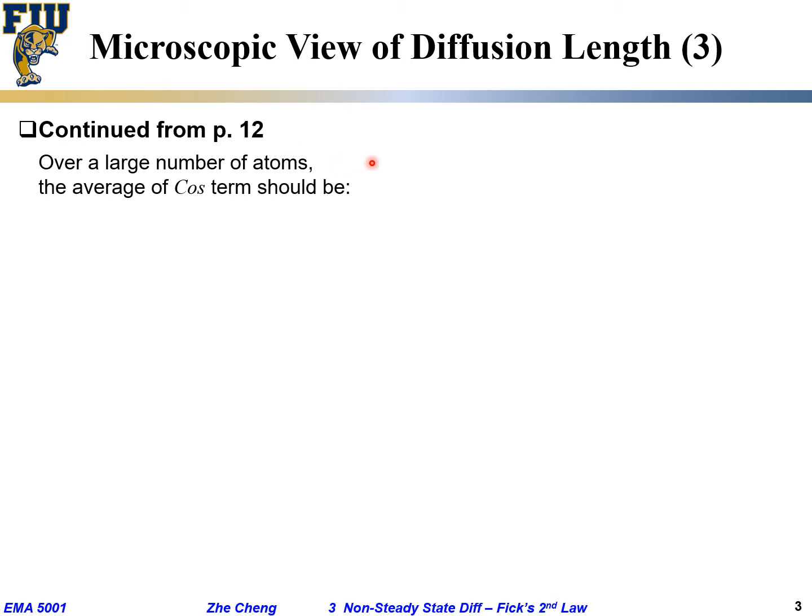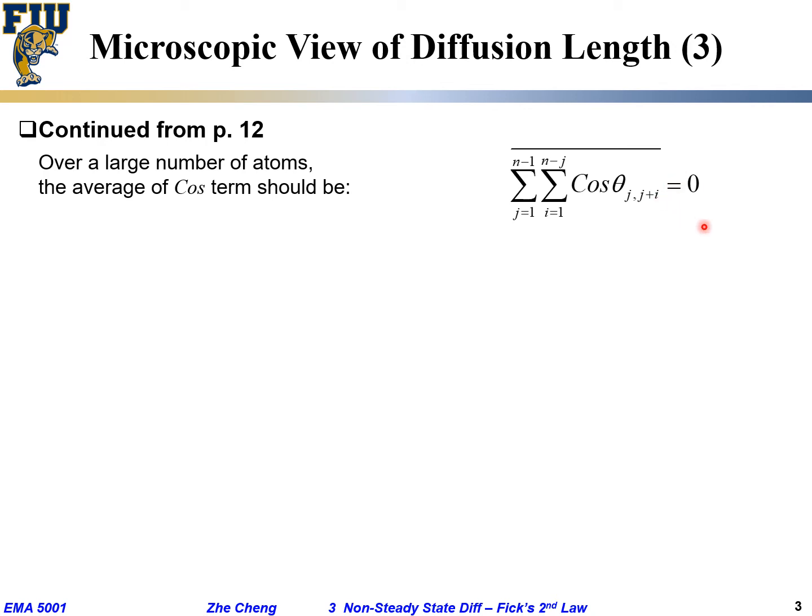Now we are going to make some assumptions again. We say over a large number of atoms, not 10, not a million, zillions, really, really high number, the average cosine term, and now we are kind of only hand waving, should be this. Does this make sense? The angle between two arbitrary jumps, and I'm doing that for one atom, and then overall for all the atoms doing an average.